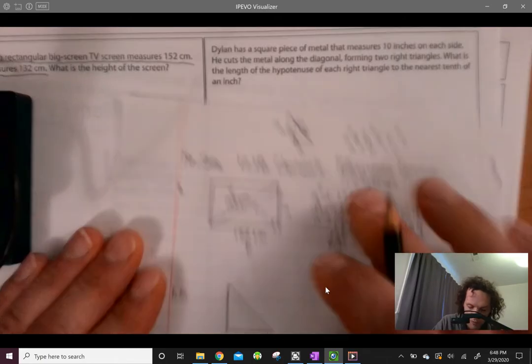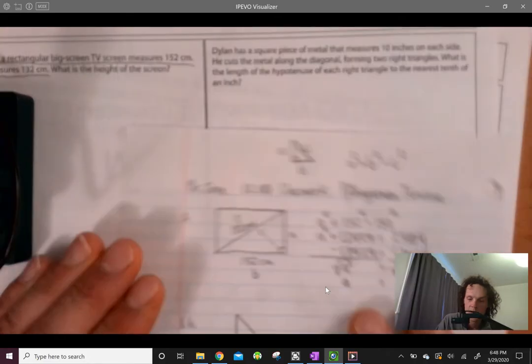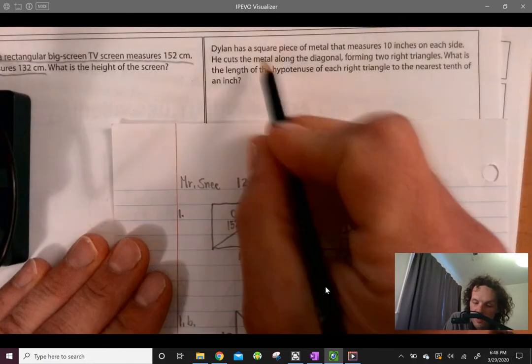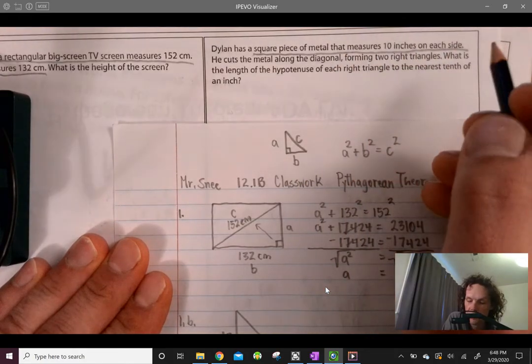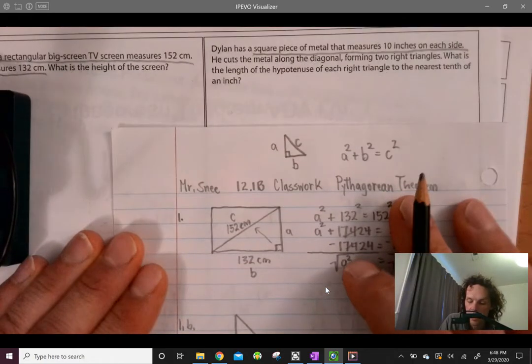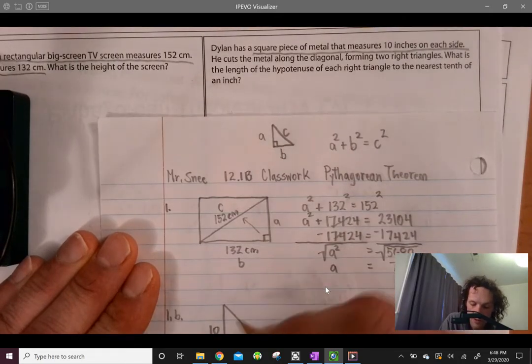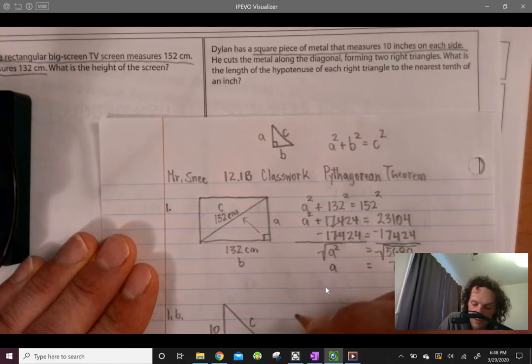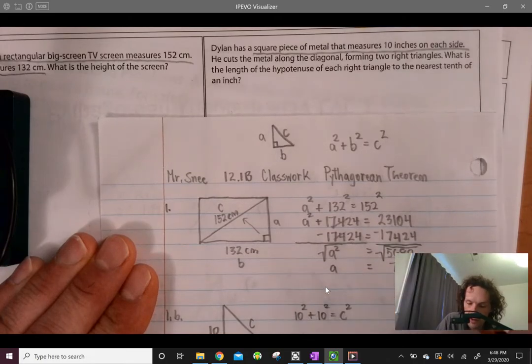And we're trying to find the length of the hypotenuse. So there's my right triangle. What is the hypotenuse? So let's just do 10 squared plus 10 squared equals c squared.